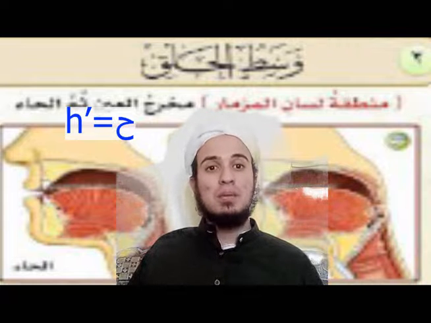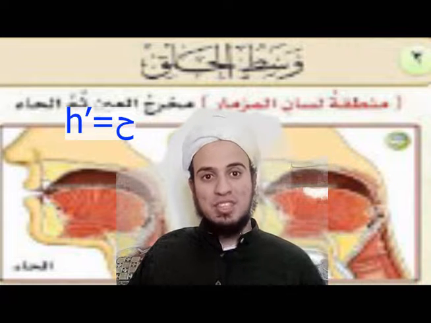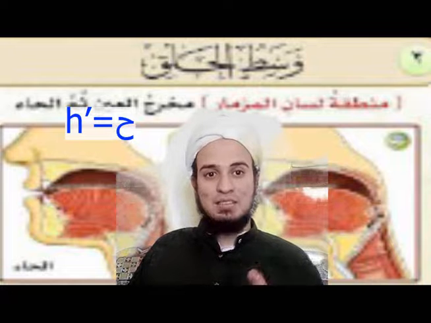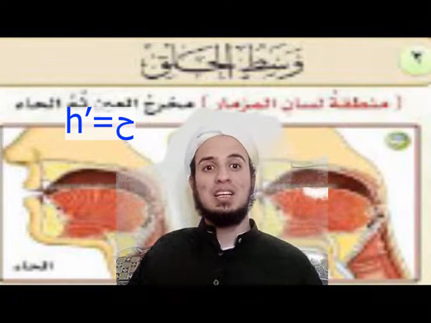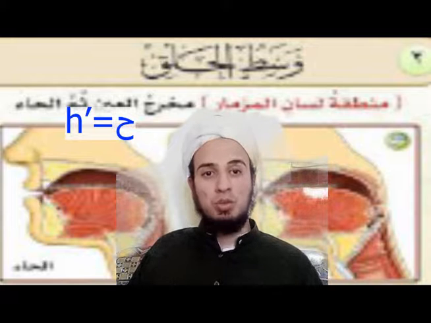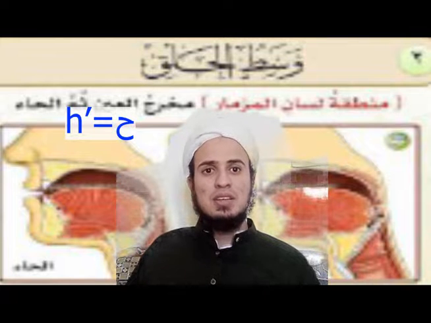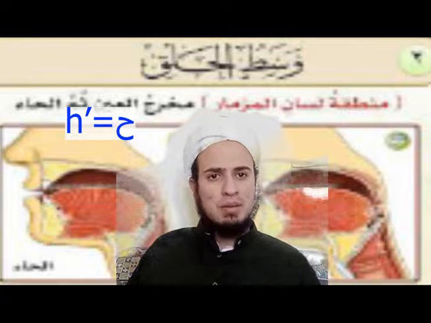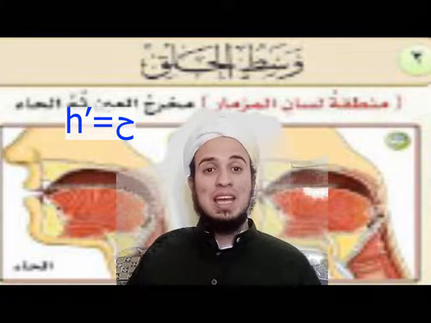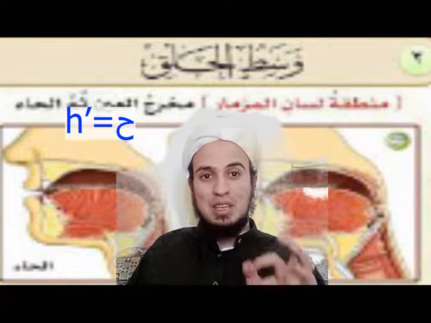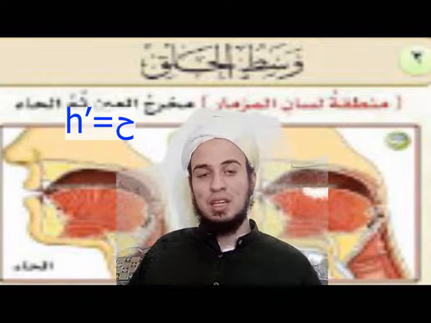How? We make after the ha an alif, and we prolong it. If you make this exercise, let's say 33 times a day, or 50 or 100 times a day, in one week you will be able to say the ha properly.